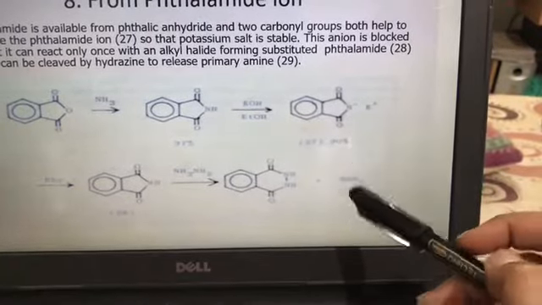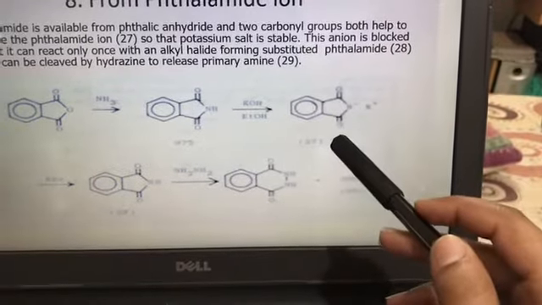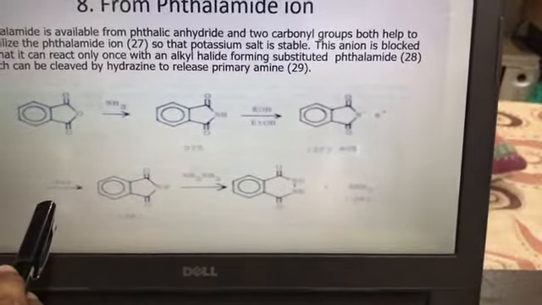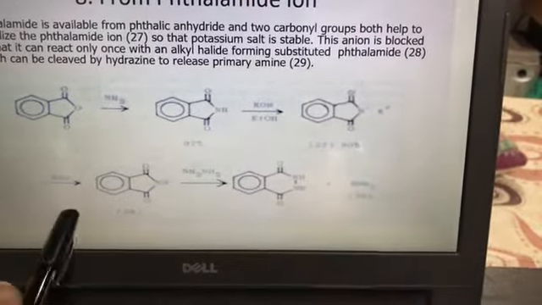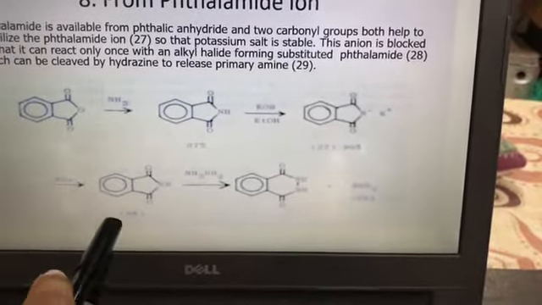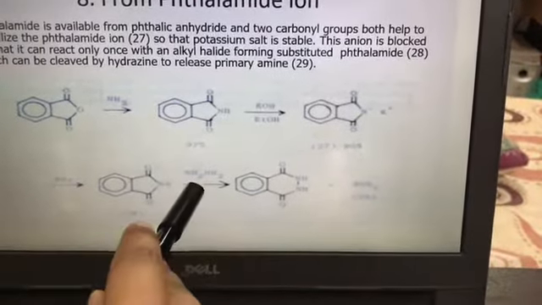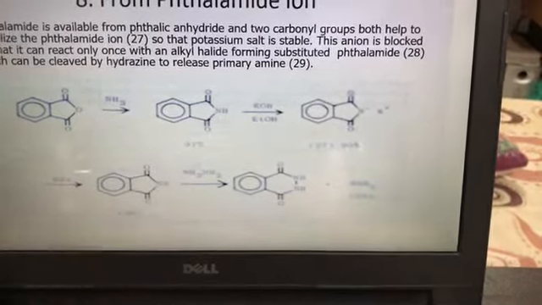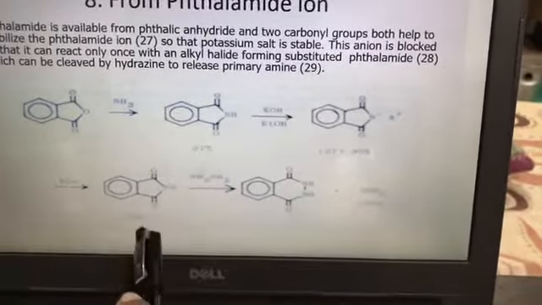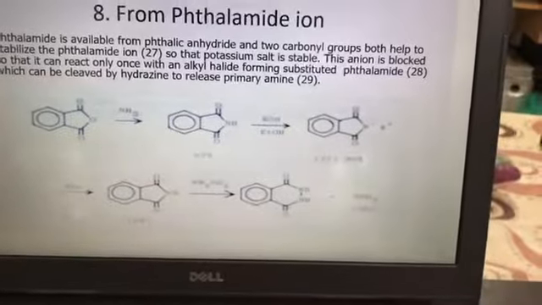So the phthalimide ion reacts with alkyl halide or aryl halide to give us alkyl phthalimide or aryl phthalimide, and the use of hydrazine with it gives us this and a primary amine too.